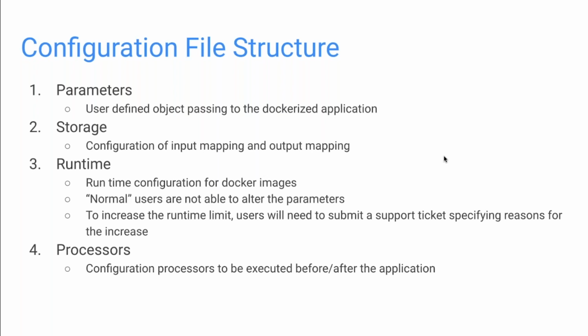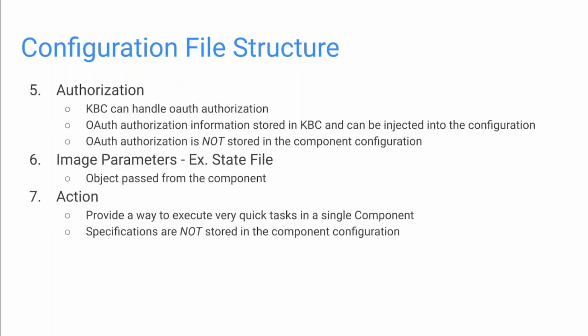Processors. There's also an option to specify what kind of processors the user wishes to run before or after the application run. Okay, authorization. KBC can handle OAuth authorization. Okay, OAuth authorization is stored in KBC and it will be injected into the configuration for each run.